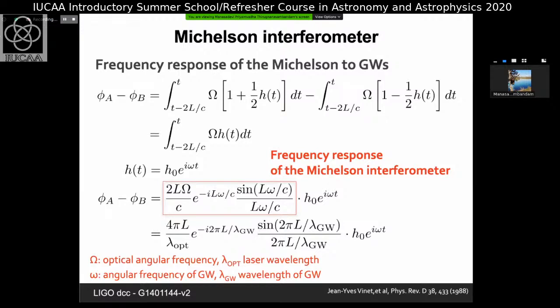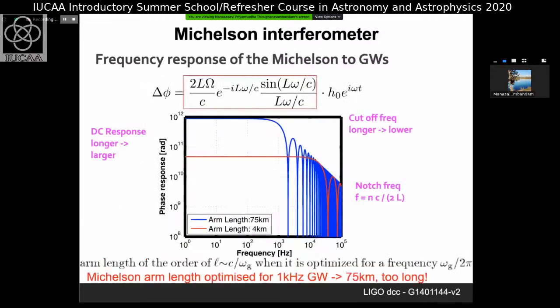If you take small omega as the angular frequency of the incoming gravitational wave, you can express the frequency response in terms of the phase difference we see at the dark port. In this expression, consider the period of the gravitational wave, which is given by 2 pi by omega.